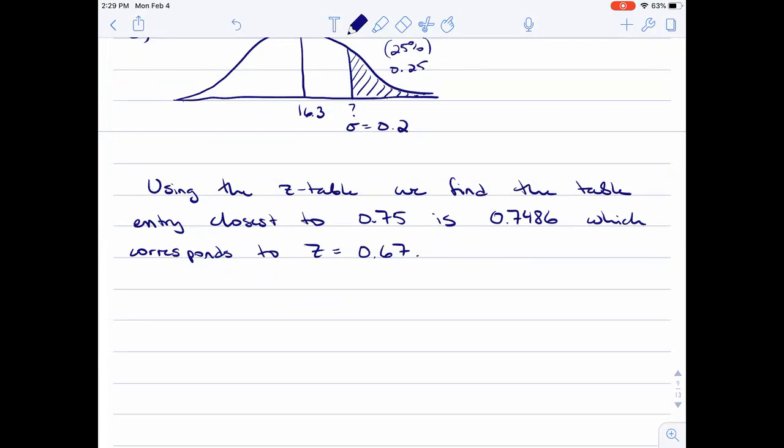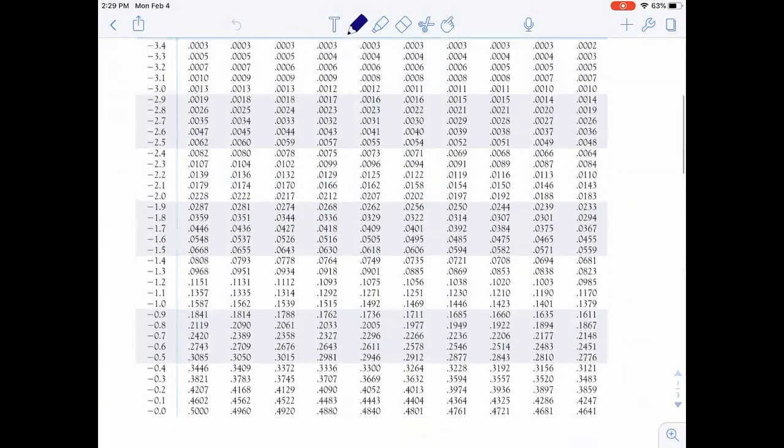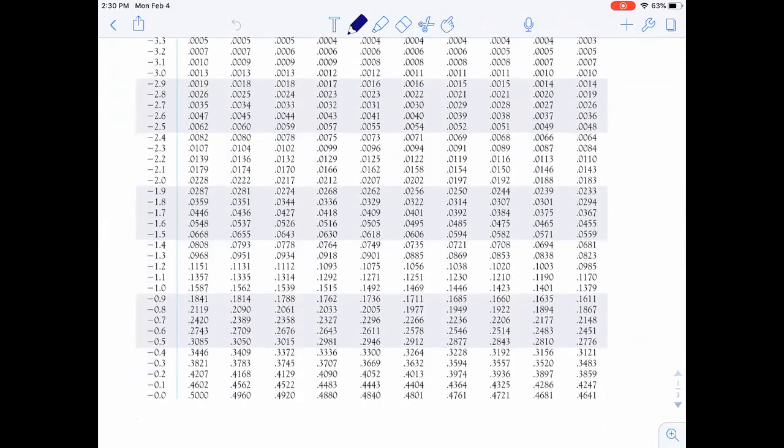Just to show you what I mean by that symmetry and going to the negative tail, you can find the value closest to 0.25 on the negative end. And what you'll find is that it is negative 0.67. And then just drop the negative because you're on the other side. So that's what I mean. Fool around with that if you want.